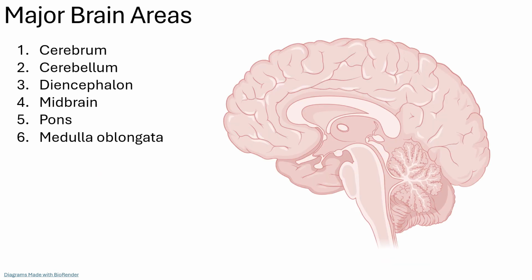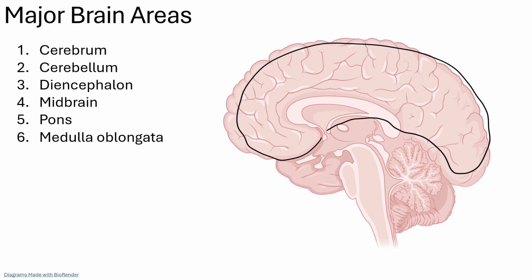We're going to define and then describe 6 main areas of the brain. The cerebrum is the big brain hat. All of these structures here. We're going to cover the cerebrum last, because once you've been thoroughly exhausted by the rest of the brain, then we're going to cover that.